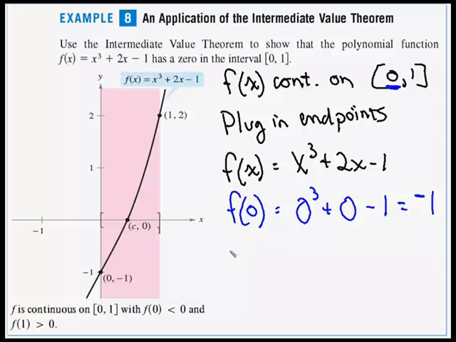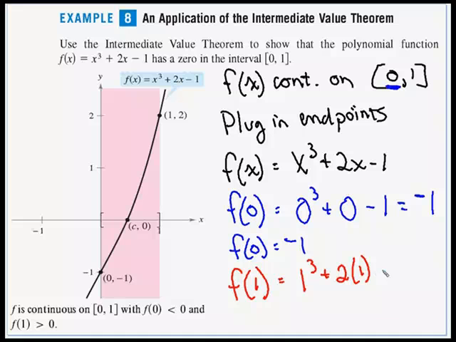So f of 0 is a negative number. Now let's plug in the other endpoint, positive 1. f of 1 is going to be 1 to the third plus 2 times 1 is 2, minus 1. So 1 plus 2 is 3, minus 1 is 2. f of 1 is equal to positive 2.